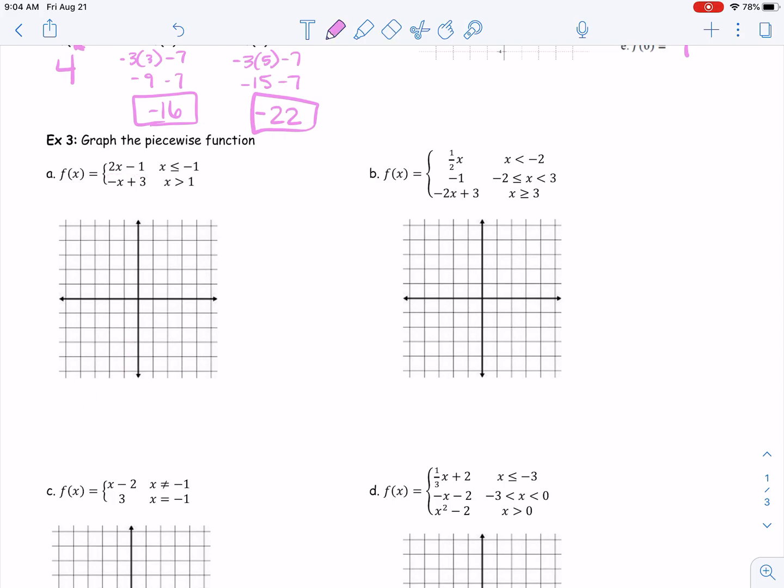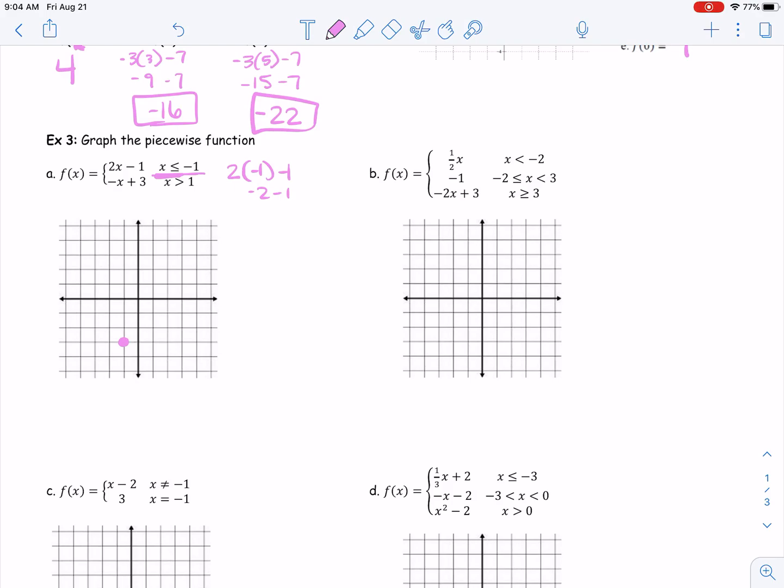The second way that you can do it is actually plugging in x values from that domain. So I would say, okay, if x is less than or equal to negative 1, can I use the x value of negative 1? Yes, so I plug it in. 2 times negative 1 minus 1. Well, that would be negative 2 minus 1, which is negative 3. So when x is negative 1, my y value is negative 3. And then I could do the same thing for any other x value that's less than or equal to negative 1.